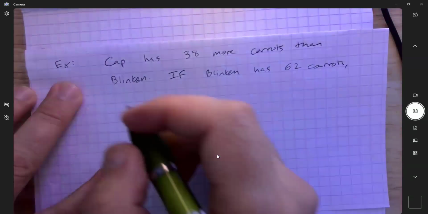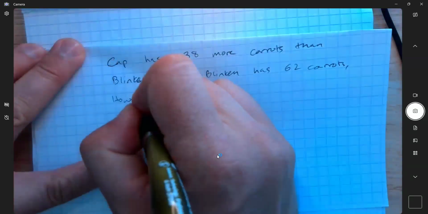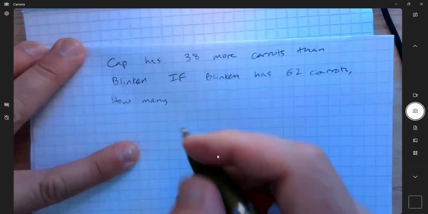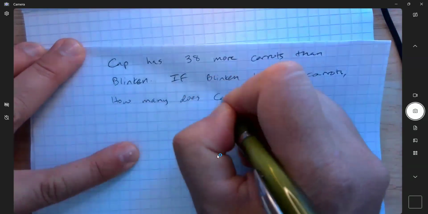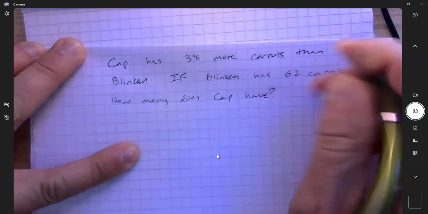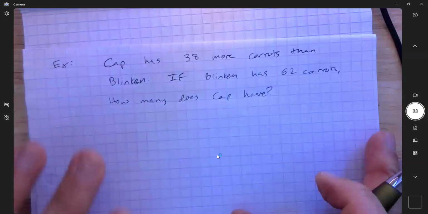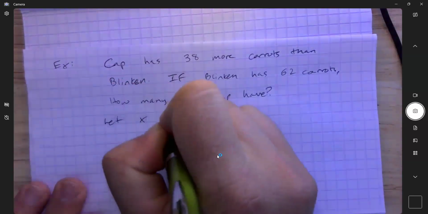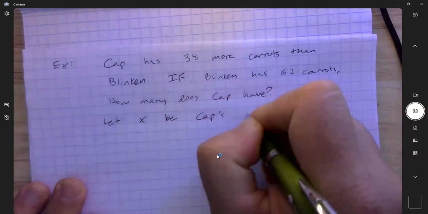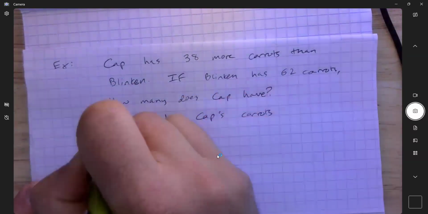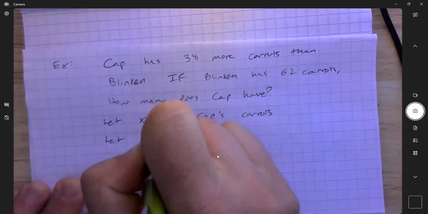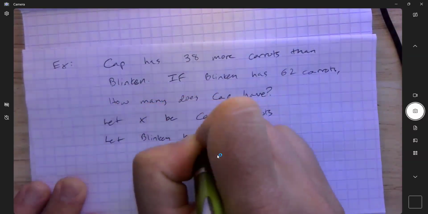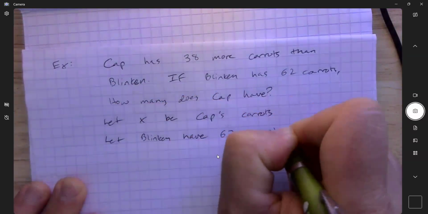If Blinken has 62 carrots, how many does Cap have? Okay, our first step is let X be Cap's carrots and let Blinken have 62 carrots.